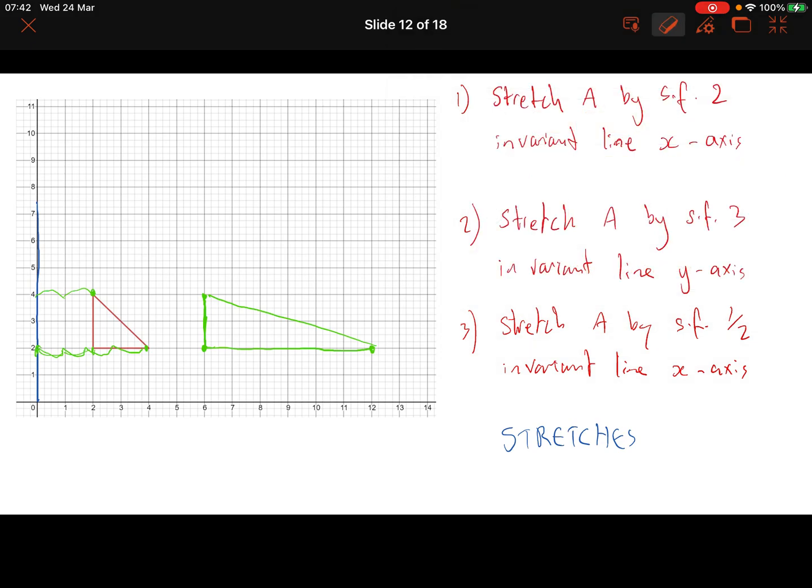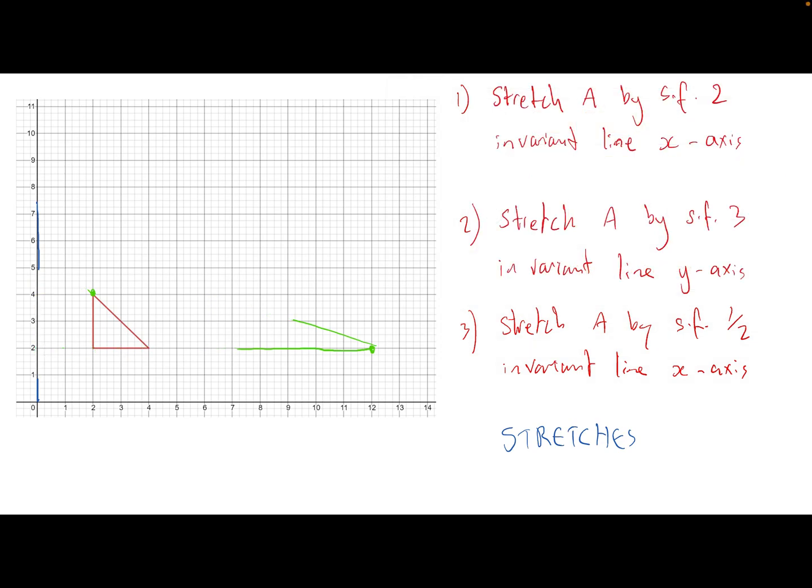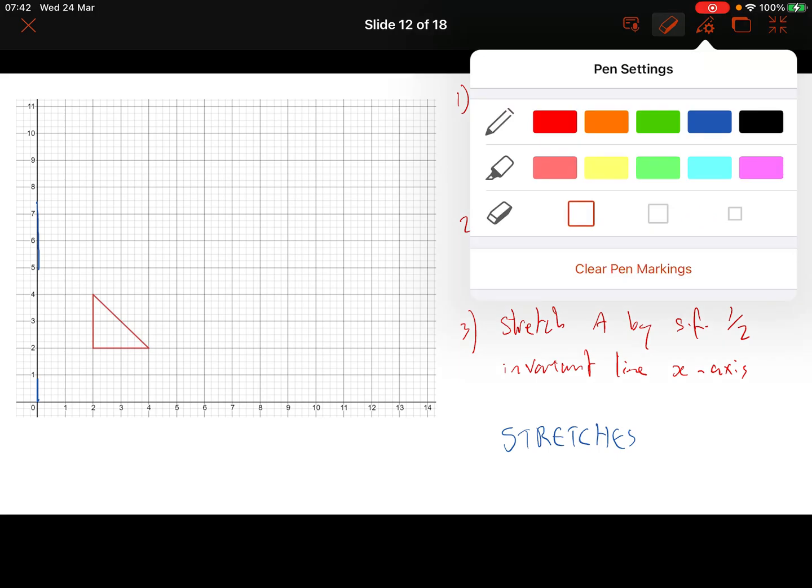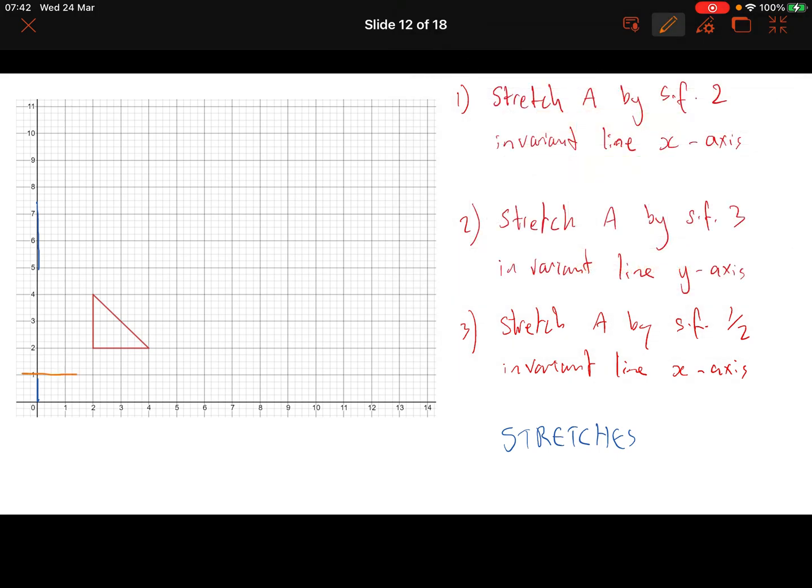Okay. Now, don't forget, nobody said that the invariant line must always be on the x-axis or the y-axis. Could have easily said the invariant line is y equals 1. Well, there's the line, y equals 1. So what would my stretch look like? That would be 1. So if its scale factor is 2, it would move to here. And this one would move to here.